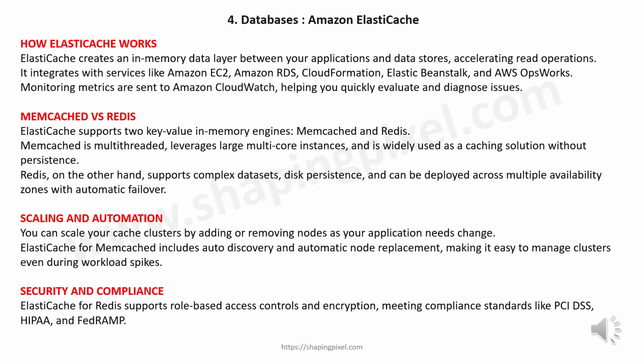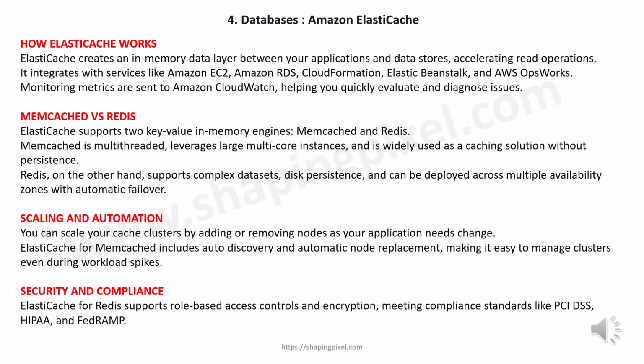Amazon ElastiCache is a web service designed to make deploying and operating an in-memory cache simple. It automates tasks like provisioning machines, installing software, patching, failure detection, and recovery, so you can focus on your application's performance.